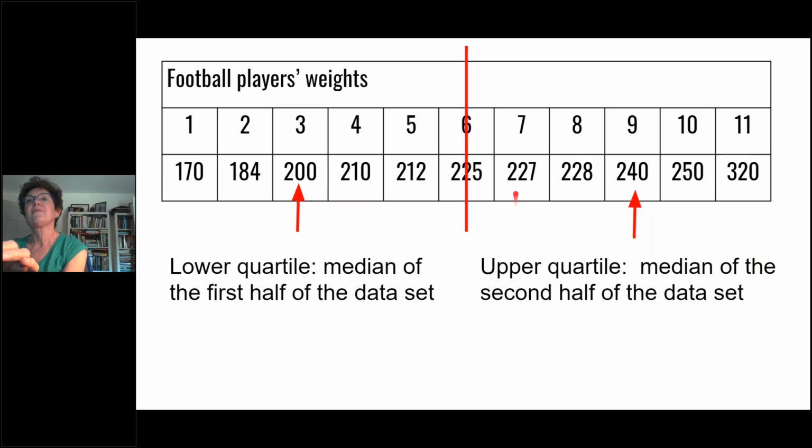So just looking at this half, not the rest of the data, you can see that this number is the middle of the data set. There are 2 below and 2 above. So those are the final 2 numbers that are important when we're going to create and read a box and whisker plot.